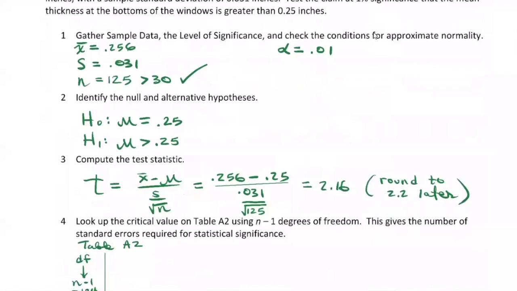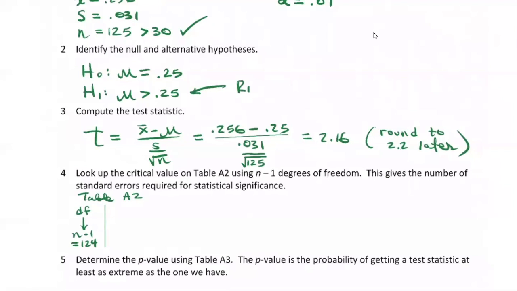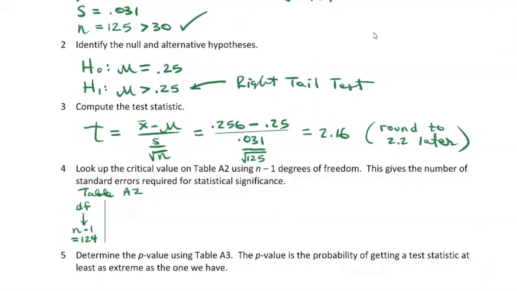If you look at H1, this tells it's a right-tail test. So our alpha again was 0.01. Make sure you do this under one tail this time. You will not find 124 degrees of freedom. Pick the closest one you can find.